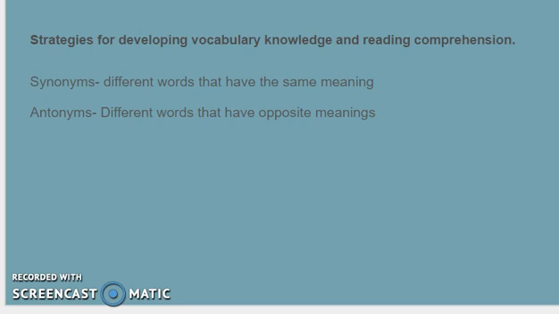So the antonym of the word on is off, and a synonym of the word cold might be cool, to a lesser degree. Just coming up with these ideas off the top of my head.